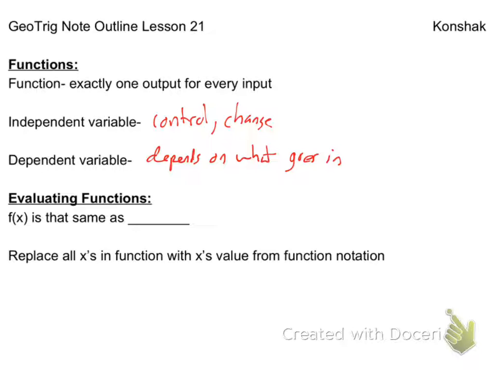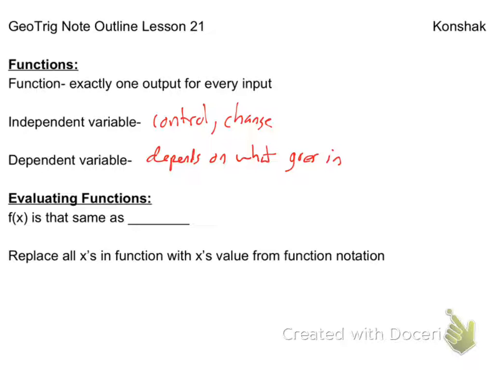So, if I know the rule of the function, I could control or change what goes in to forcibly get what I want to come out. Can you argue with that? So if I know the rule is that I'm always going to add 1 to it, and I want to get a 5, then I'm going to control what I put in and put a 4 in so I can get a 5. But you're still dependent on what goes in.